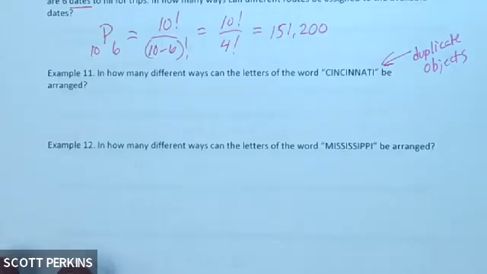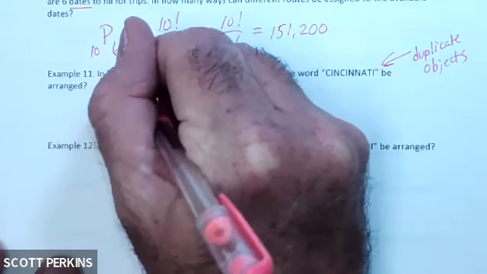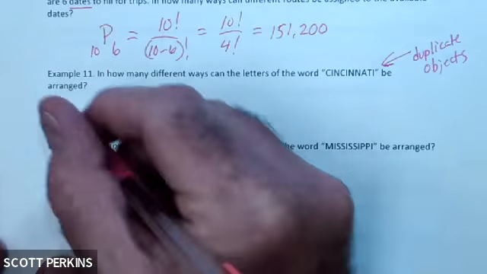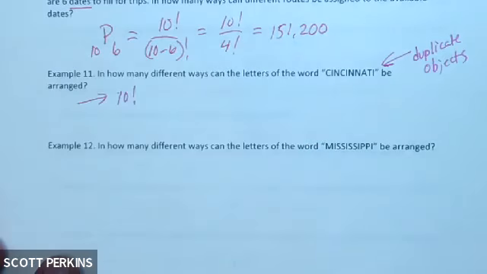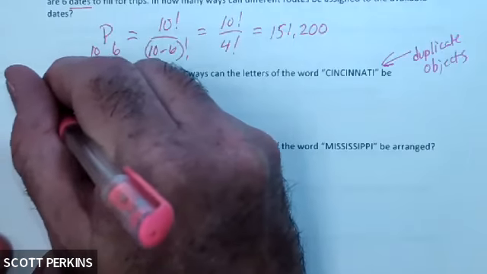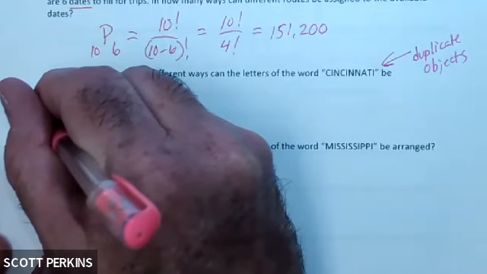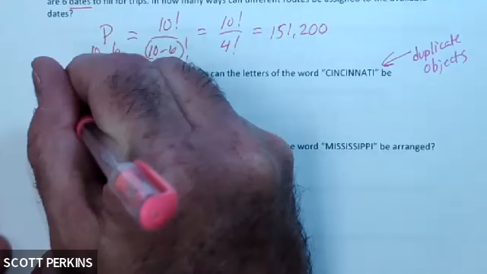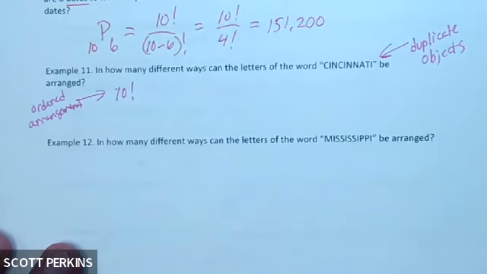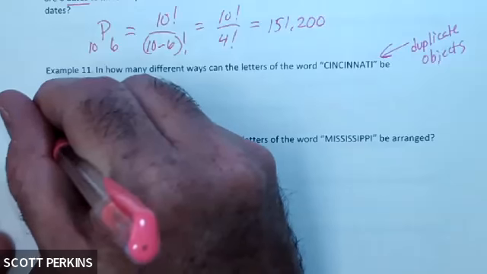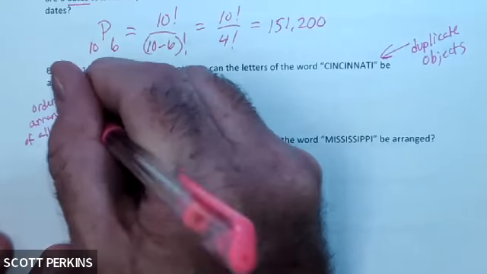Okay, well, great question. So first off, I'm going to do example 11, then you're going to do example 12. How many letters are in the word Cincinnati? Okay, there are 10. So the top is going to be 10 factorial, just like before. And again, 10 factorial is the ordered arrangement of all letters, if they were different.